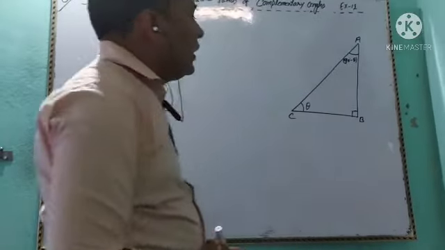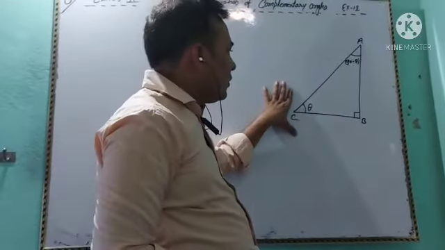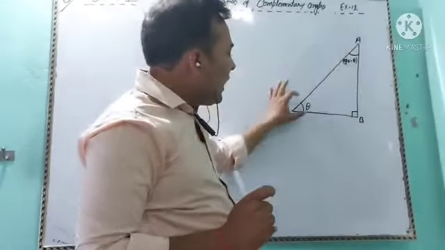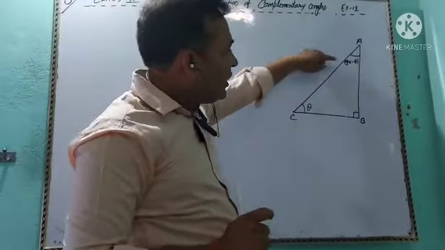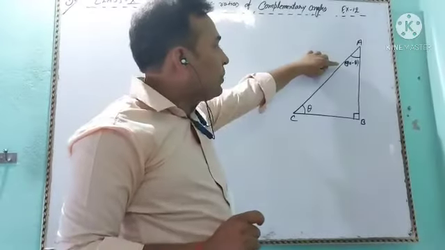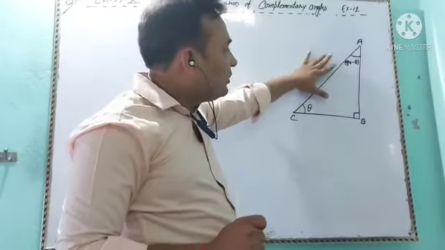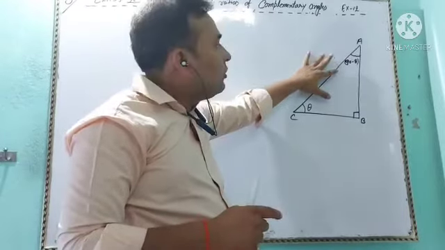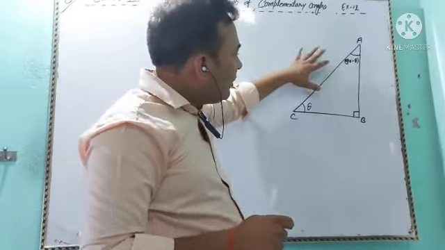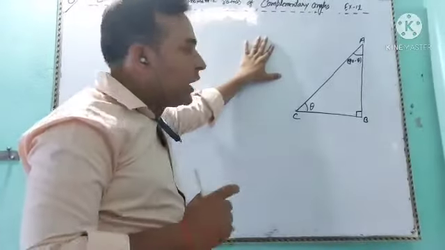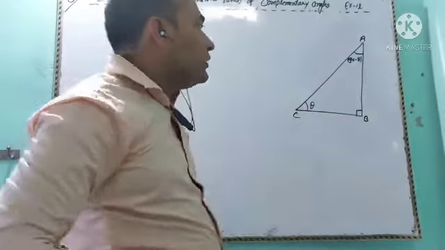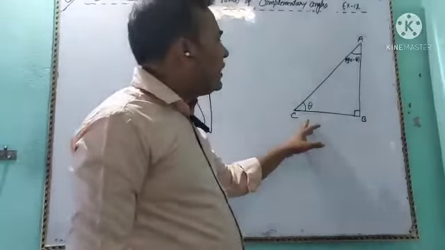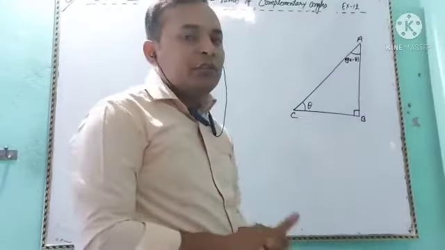In right triangle ABC, the sum of the two acute angles is 90 degrees. One angle is theta, then the other angle is 90 degrees minus theta. Students, both acute angles are complements to each other. It means the sum of these acute angles in this right angle triangle are complementary angles. So first is theta, then the other is 90 degrees minus theta.